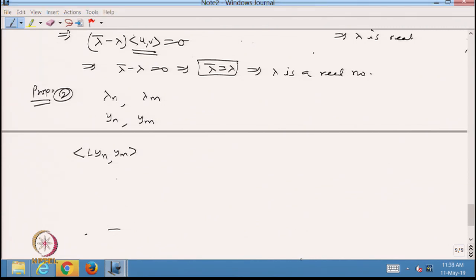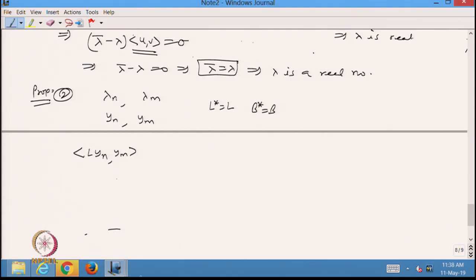If you see that L star is equal to L and the corresponding B star is also B, so this is a self-adjoint system. In this case y n is a solution and y m is also a solution of the equation.